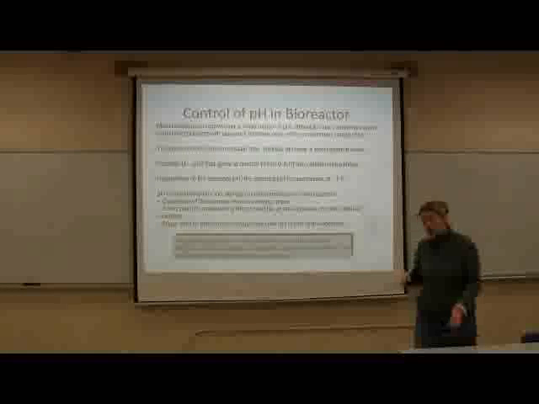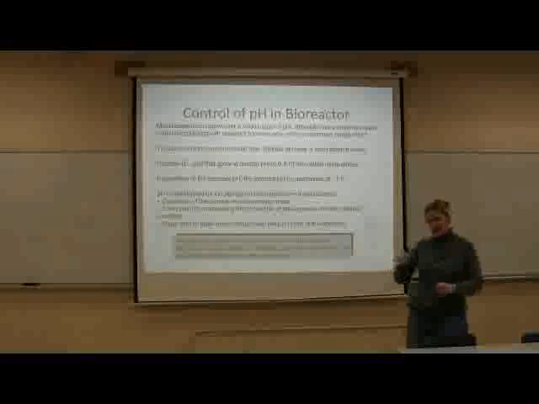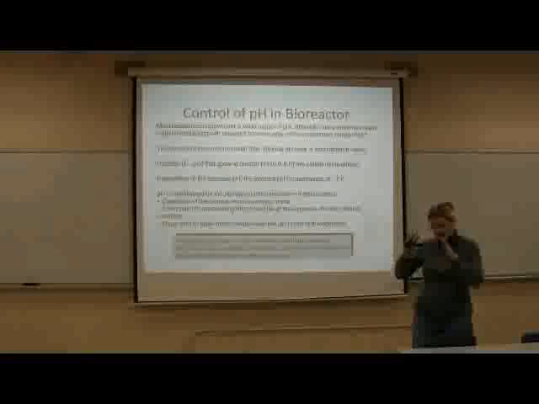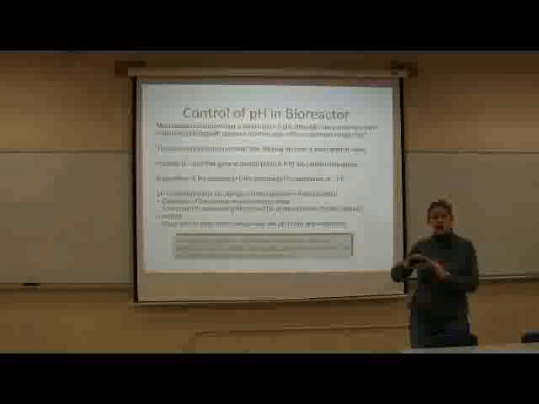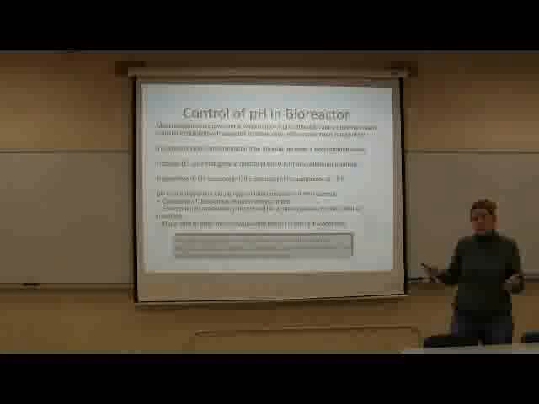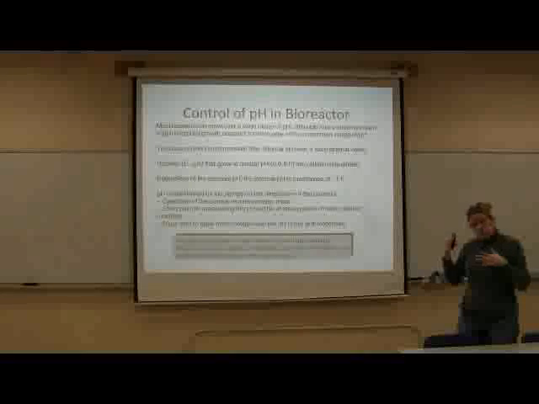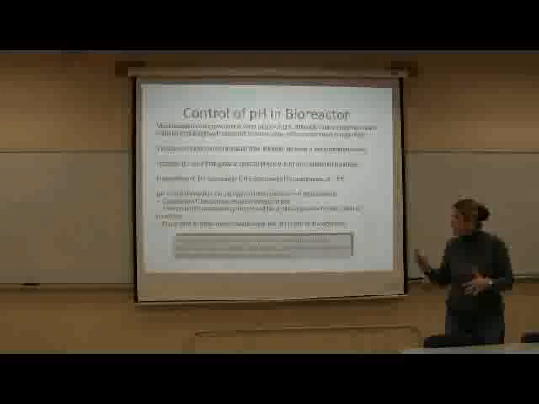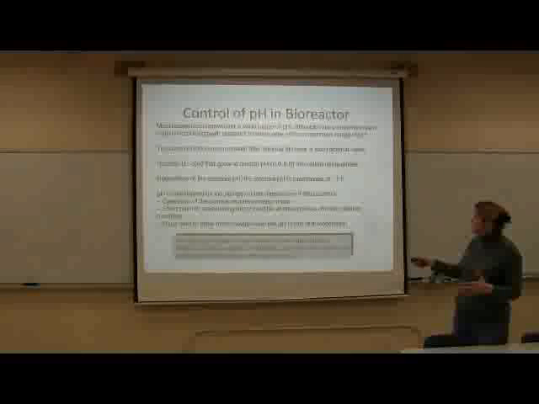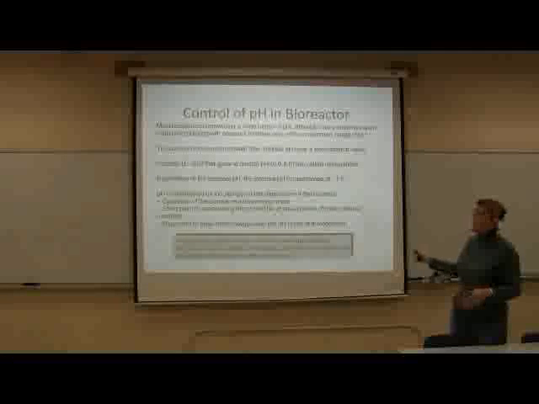Now the good news for E. coli: the bacteria have little hydrogen pumps at their interfaces. So if you put them at too high a pH, a basic system, they can adjust their internal pH by using their little hydrogen ion pumps. They will maintain their internal pH at about 7.6 regardless of what you grow them in.